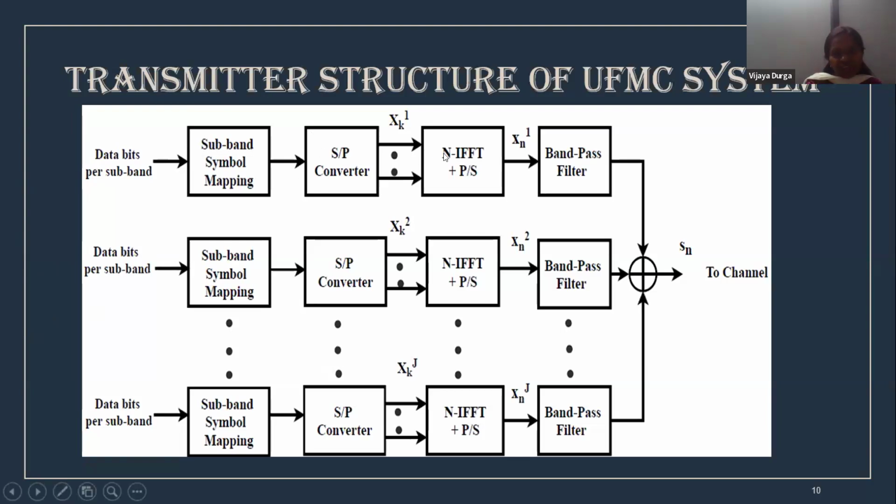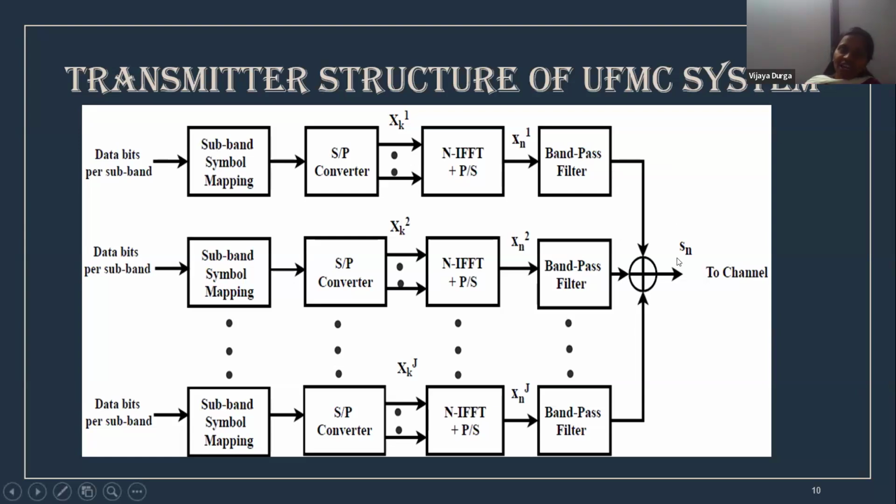After that, you convert the frequency domain signal to a time domain signal by using the IFFT. Then the time domain signal is transmitted through the band pass filter. Here, a Chebyshev band pass filter is used. It can effectively eliminate the ISI and out-of-band levels. Then all these carriers are multiplexed, and this is our UFMC signal.